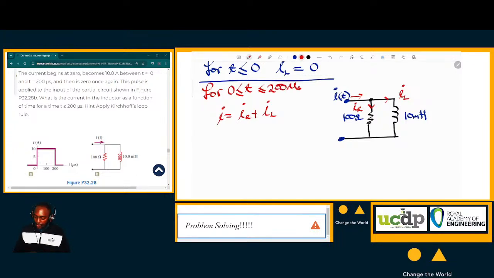Okay, so this is where we have got this equation that we formed, from Kirchhoff's loop rule. Now we can then apply Kirchhoff's loop rule, looking at the loop that we have here.